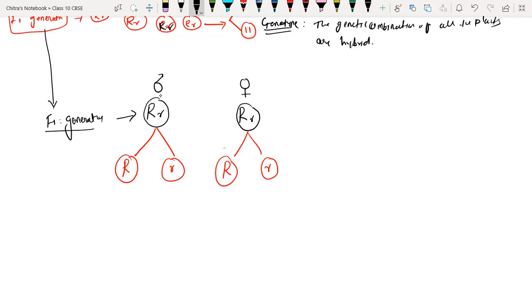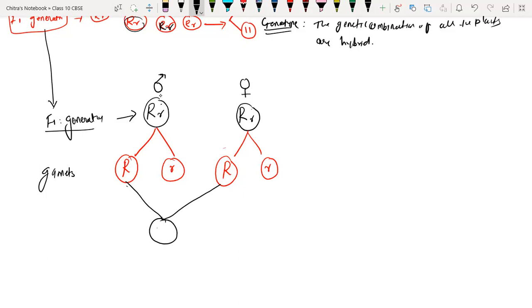See here, we have capital R, small r, for both the male and female plant. The F1 generation will produce the F2 generation. Suppose the capital R of the male plant, these are called gametes of the F1 generation, will fuse with capital R of the female plant.